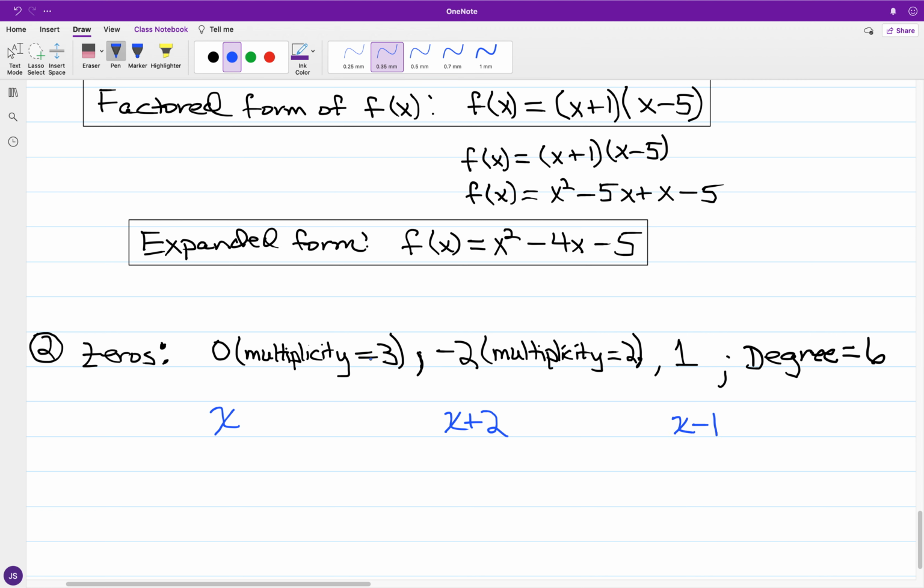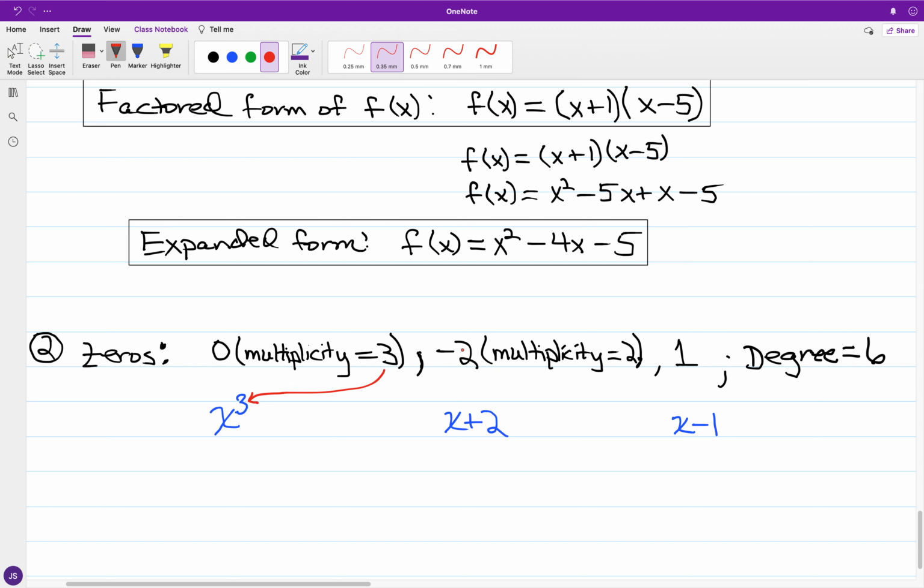Okay, now where the multiplicities come in, from 0 I have x, but I'm not going to have just x. Since 0 has a multiplicity of 3, I'm going to have not just x, but x raised to the third power.